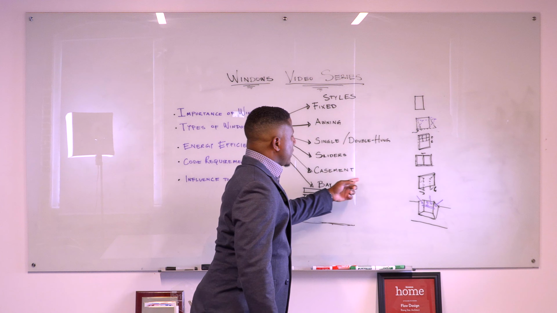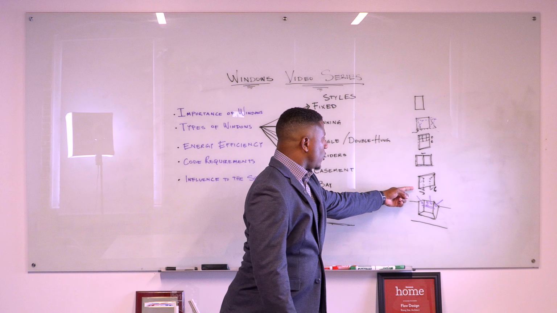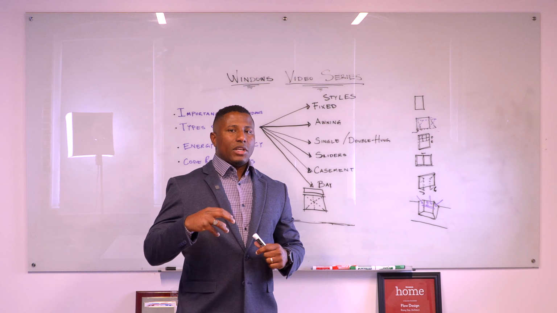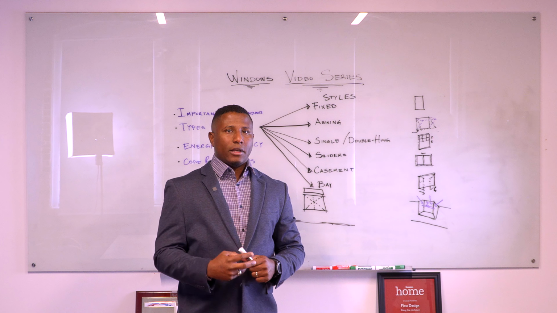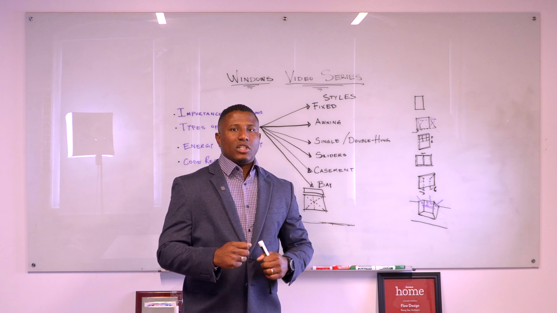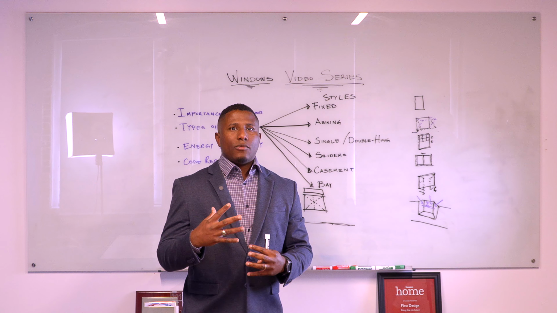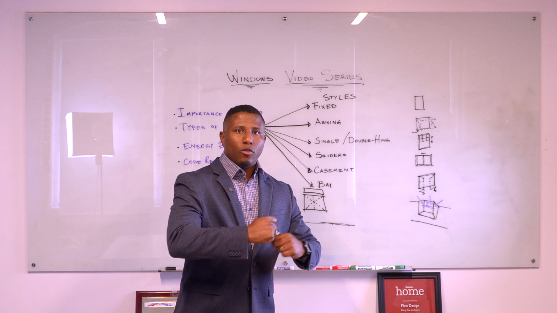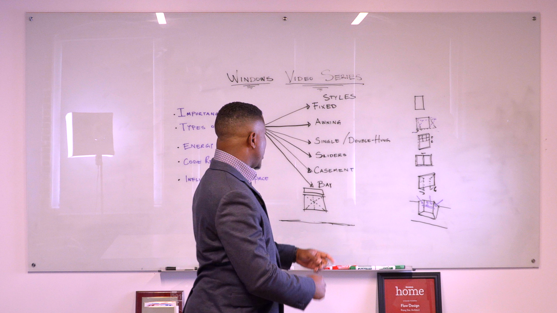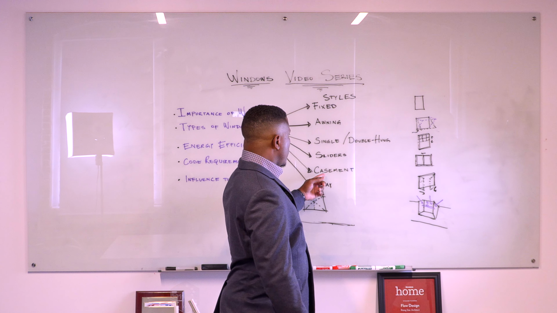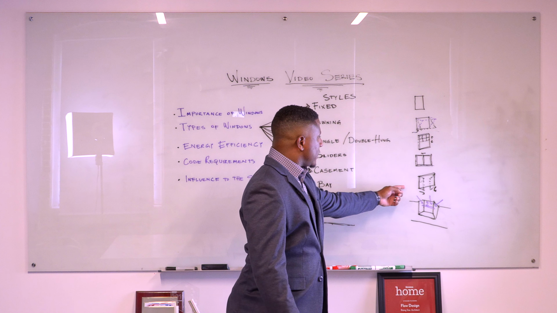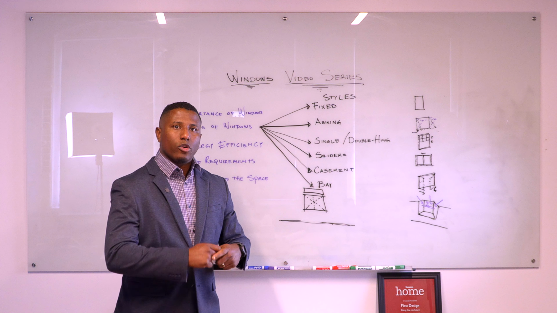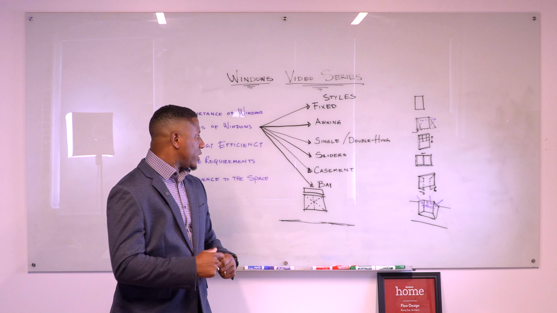You can look at different manufacturers to see how this hardware is being utilized, because it helps you maneuver those types of windows. So it's very important that you get familiar with the type of window that it is, casement, and also the hardware, how you're going to open and maneuver these windows.